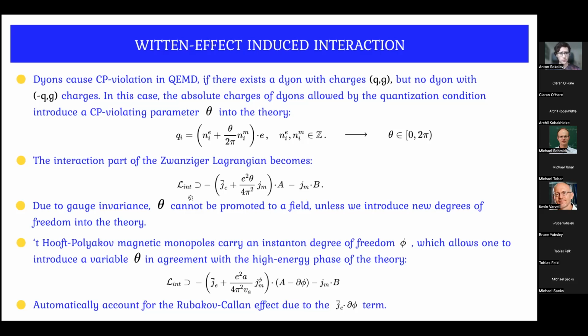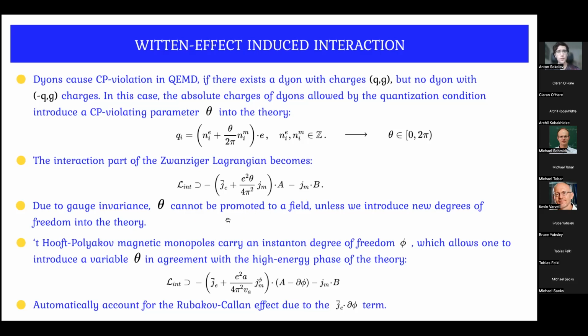So introducing this electric charge into the Lagrangian, we see that the interaction part becomes like this. So now you have the magnetic current times the magnetic potential.